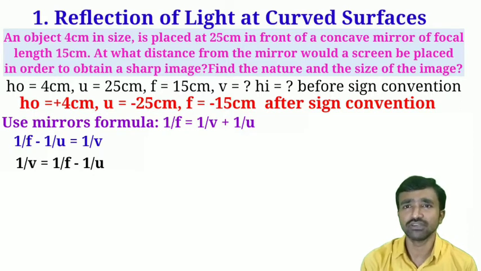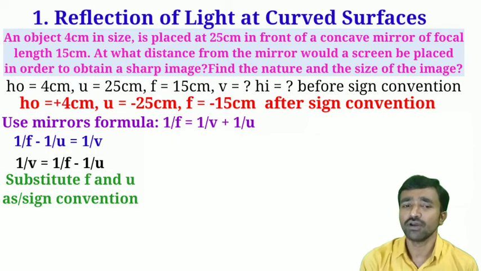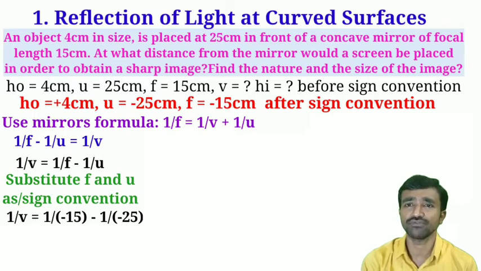Now substitute the values in the formula. Which values are given? f and u. So substitute according to the sign convention we applied. Here 1 by v is equal to 1 by f, whose value is minus 15, minus 1 by u, whose value is minus 25.